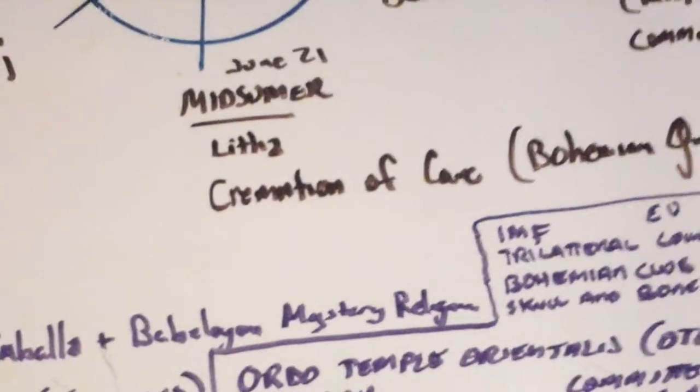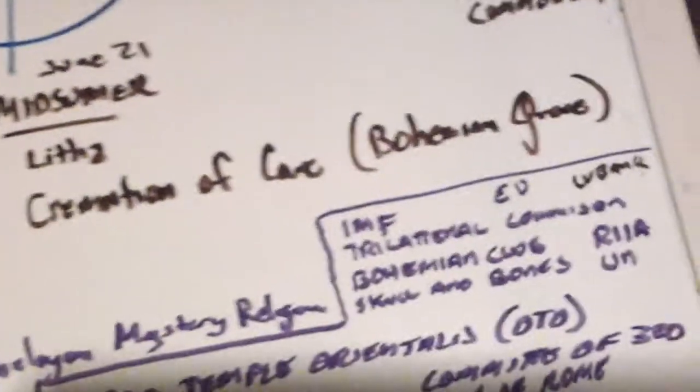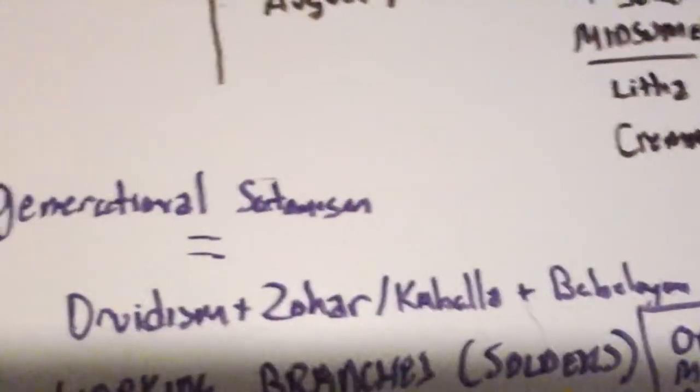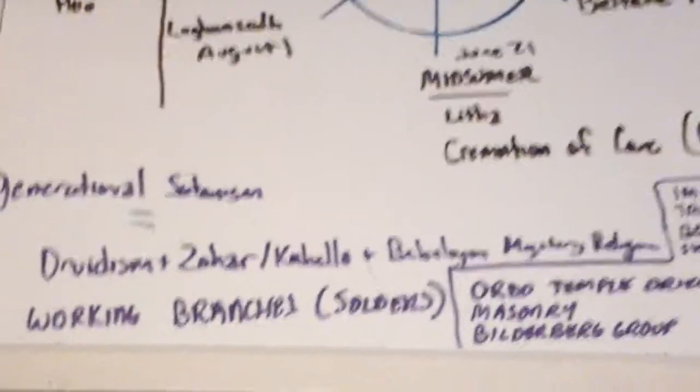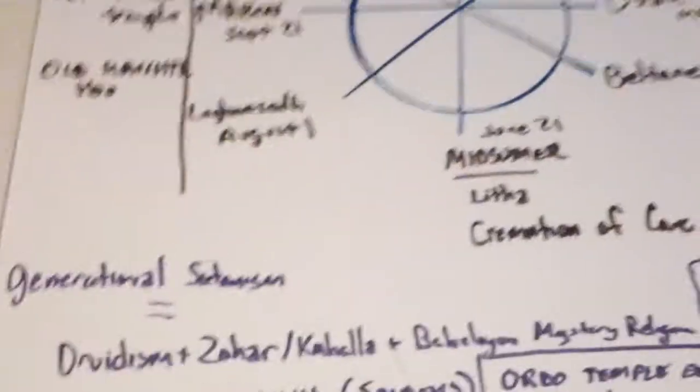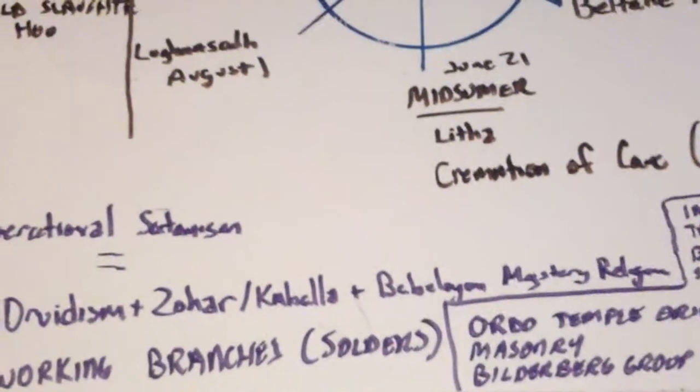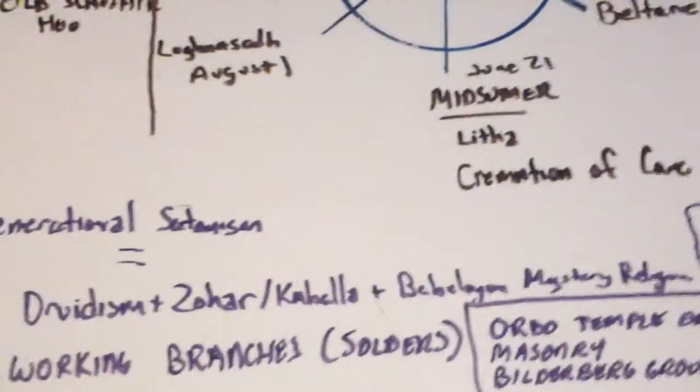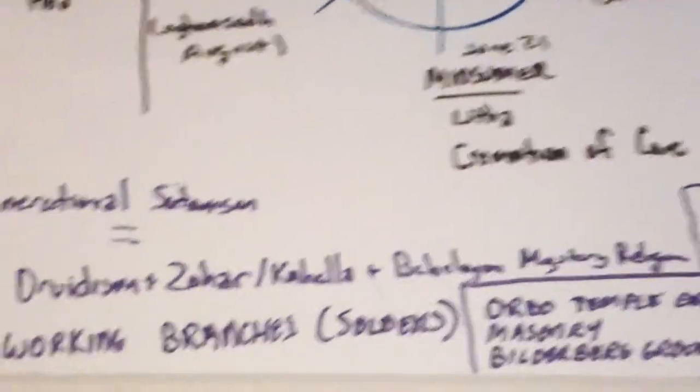That's the OTO. That's one branch of it. But the world's run by generational Satanists, and their rites are based on a combination of Druidism, the Zohar, and Kabbalah kind of mixed together, and Babylon mystery religion.